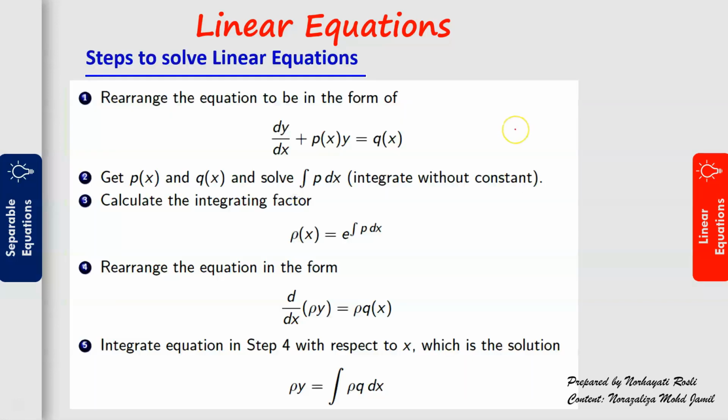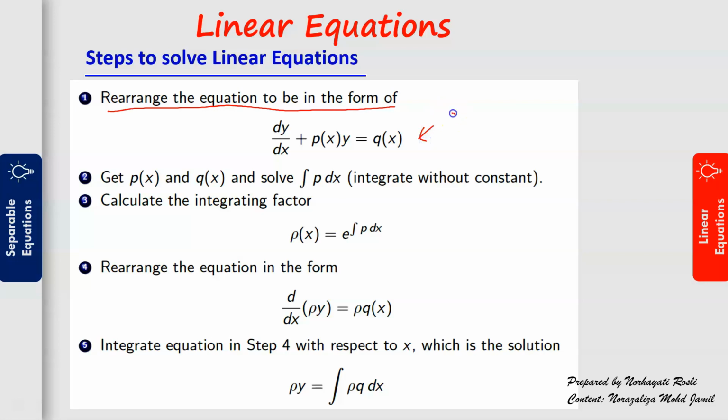Now class, when we have the equation in terms of a linear equation, there are specific methods to solve that linear ODE. These are the steps to solve linear equations of ODE. The first step, it is very important for you to rearrange the equation in the form dy/dx plus P(x)y equal to Q(x).